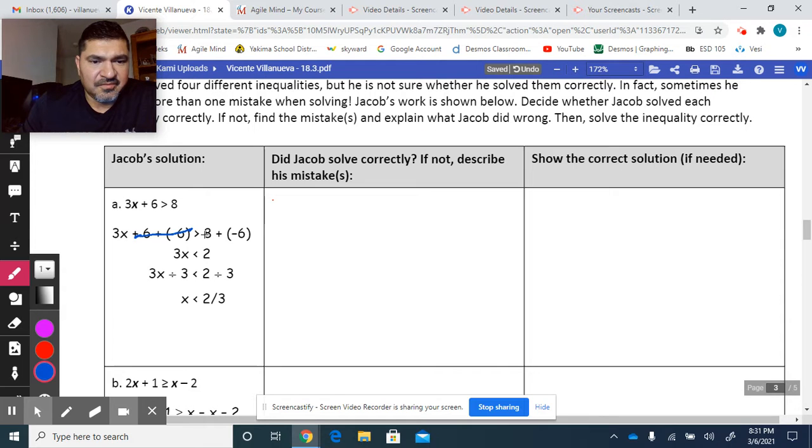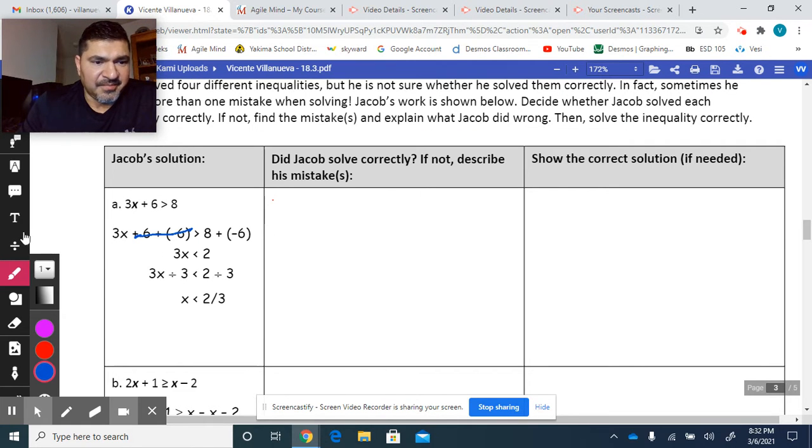Now, I see the mistake. Do you guys see the mistake that he made? He unnecessarily changed the symbol. The only time you change the symbol is when you multiply or divide by a negative number. And we did not do that here. We added a negative number, but we did not multiply or divide by a negative number. So that's the first mistake right there.